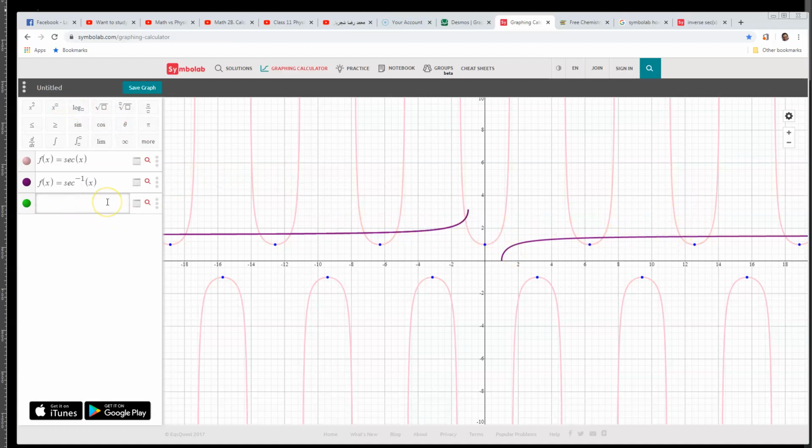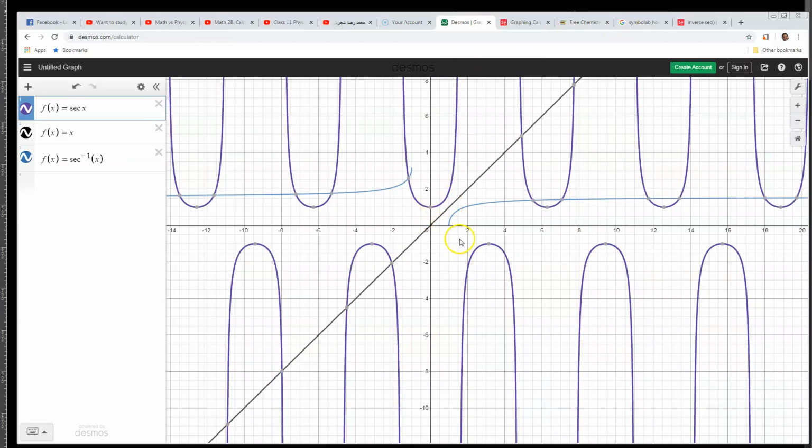And then if I draw f of x is equal to x, it will give you this line. Now the problem is that my asymptotes are gone, so there is no point in doing this really. But it would probably be useful to learn how to use this calculator.